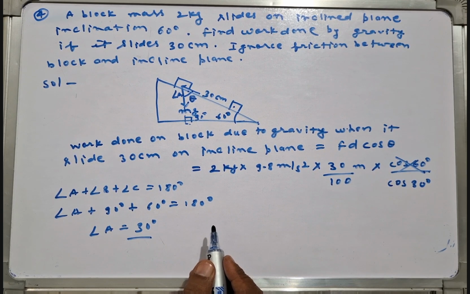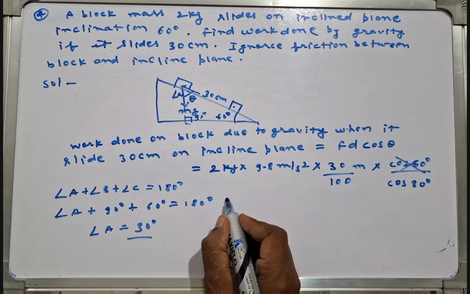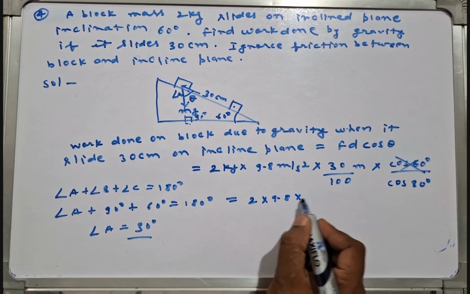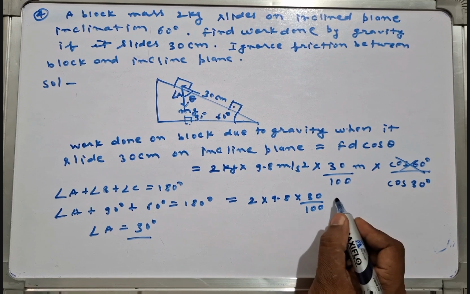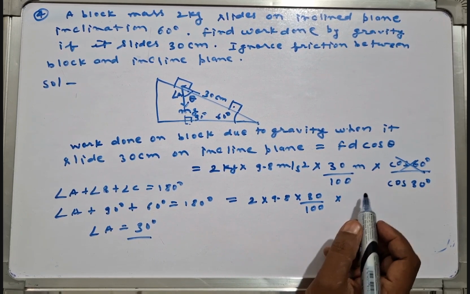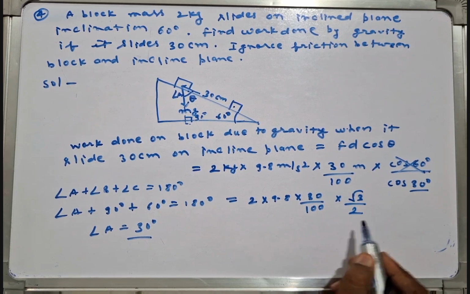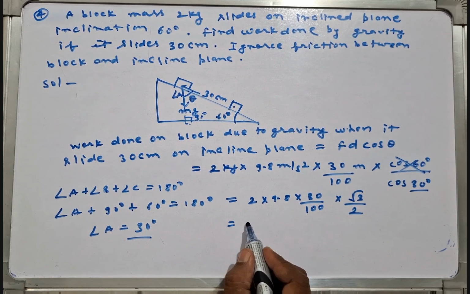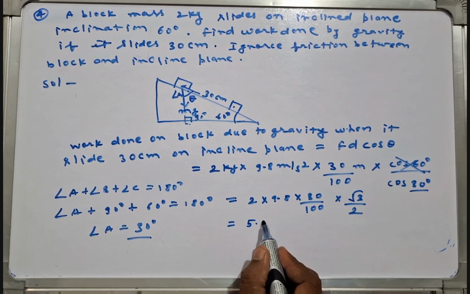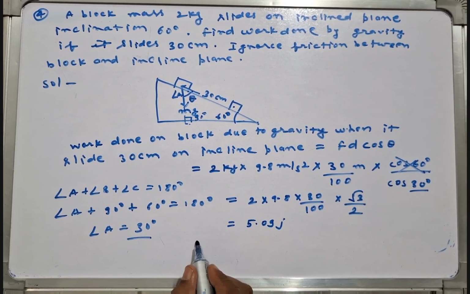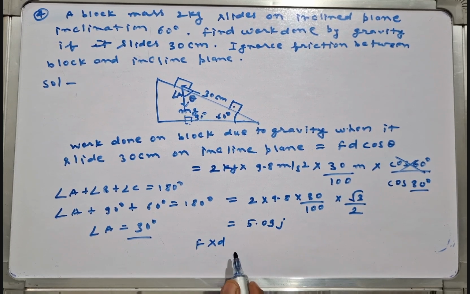Okay, so we can write here 2 into 9.8 into 30 by 100 multiplied by cos 30°, which is root 3 by 2. Okay, so guys, this value will come 5.09 joule.